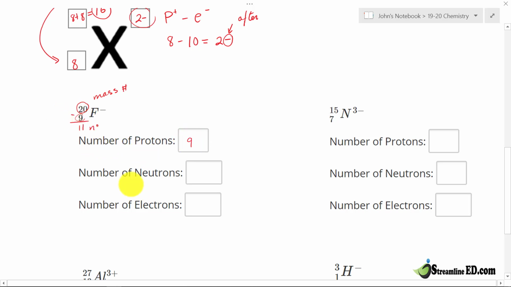The number of neutrons, we just did that: 20 minus 9, the larger number minus the smaller number, we have 11. And the number of electrons, well, what is the 1 minus? If it is equal to 1 minus, that means it has gained 1 electron. Gaining from what number? Originally it has 9. So we have 9 plus 1 equal to 10 electrons.